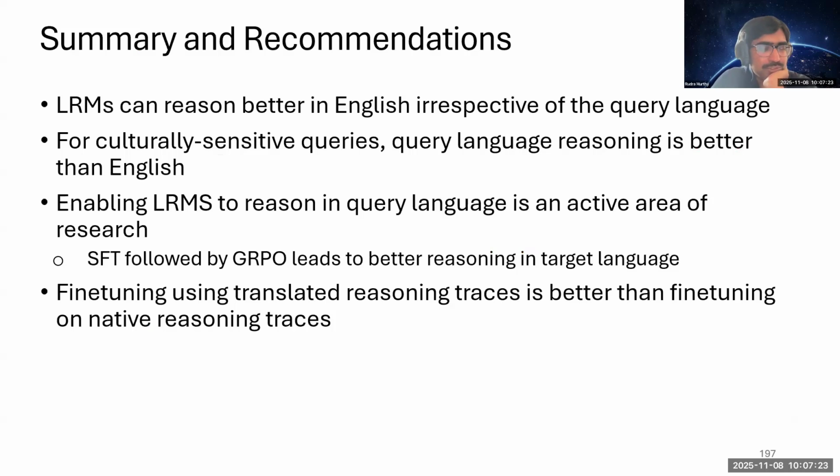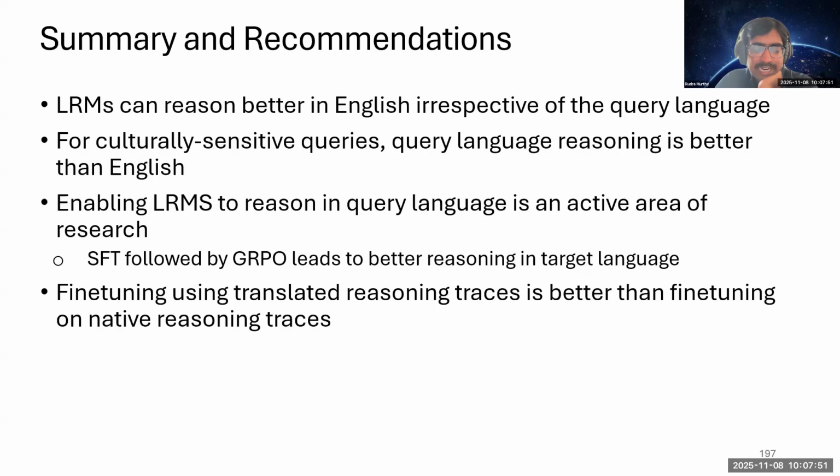So to summarize, we looked at what large reasoning models are, and we saw that these LRMs can perform better in English irrespective of the query language. However, when we have culturally sensitive queries or something to do with safety alignment, etc., reasoning in the query language is better than reasoning in English. And we looked at several approaches to enforce the reasoning to happen in the language of the query.